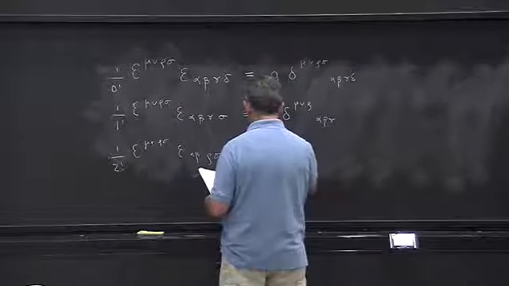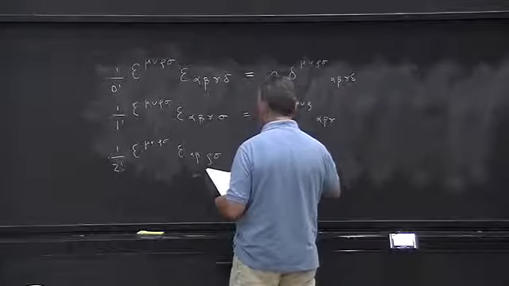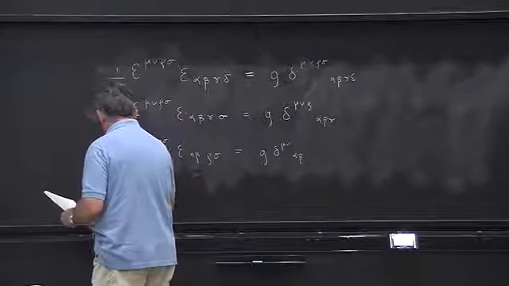And then that's G delta mu nu alpha beta. 1 over 3 factorial.